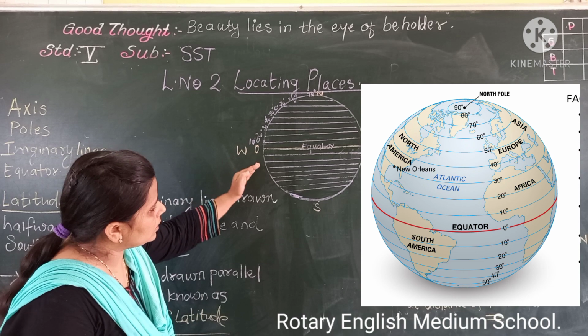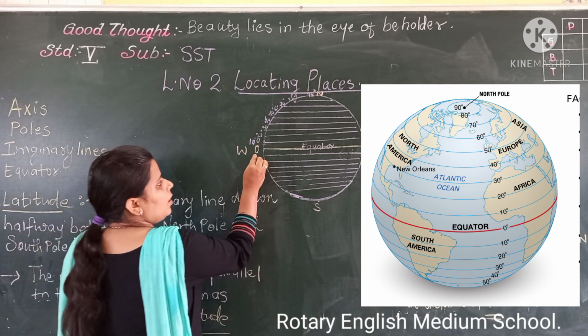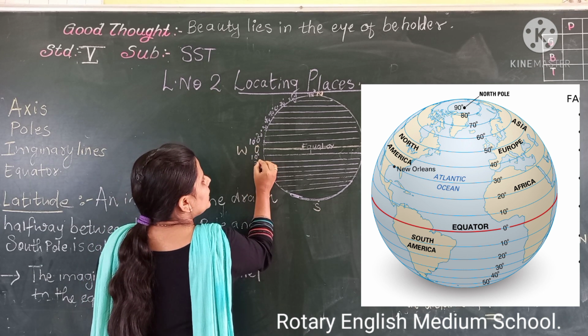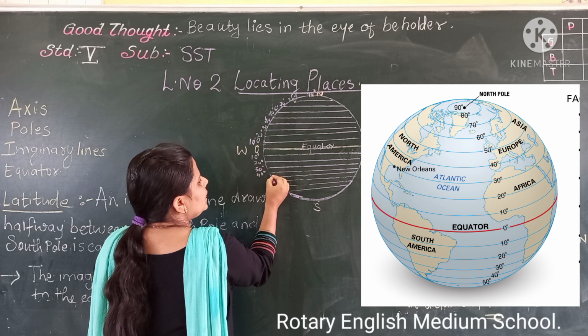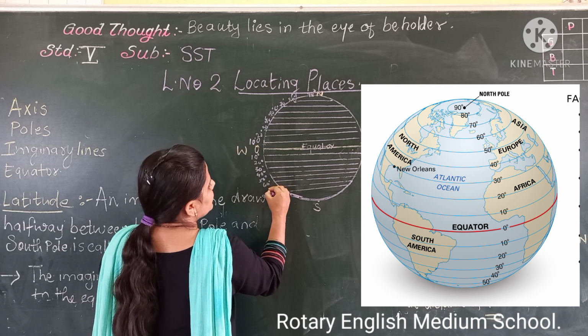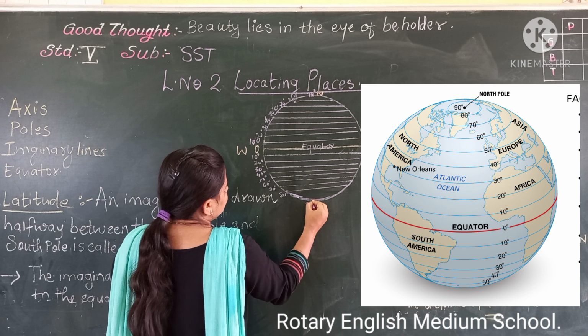Now we will mark further down towards the South Pole, again at the same interval: 10, 20, 30, 40, 50, 60, 70, 80, and 90.